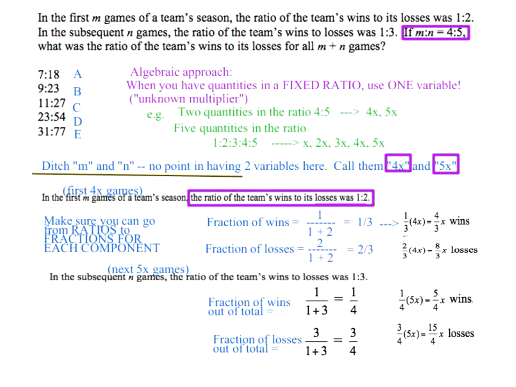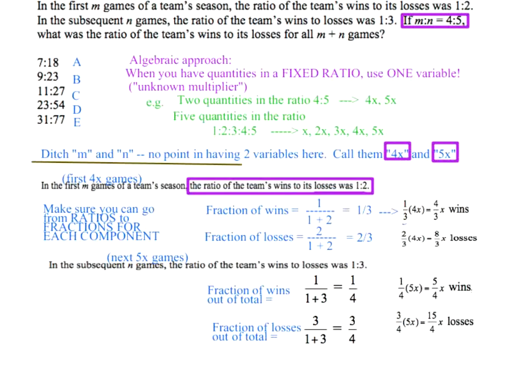So let's move some of this up a little bit. Okay, so in total, we're looking at just adding those fractions together. If you add up 4/3 x and 5/4 x, that's what you get.